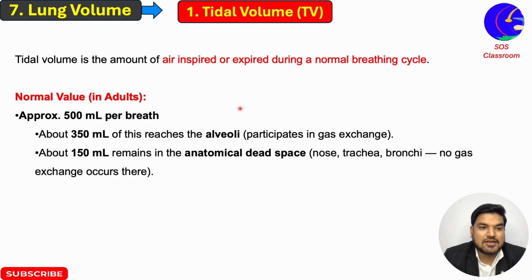The tidal volume is divided into two portions. From the 500 ml of tidal volume, only 350 ml reaches the alveoli and participates in gas exchange, but 150 ml remains in the anatomical dead space.